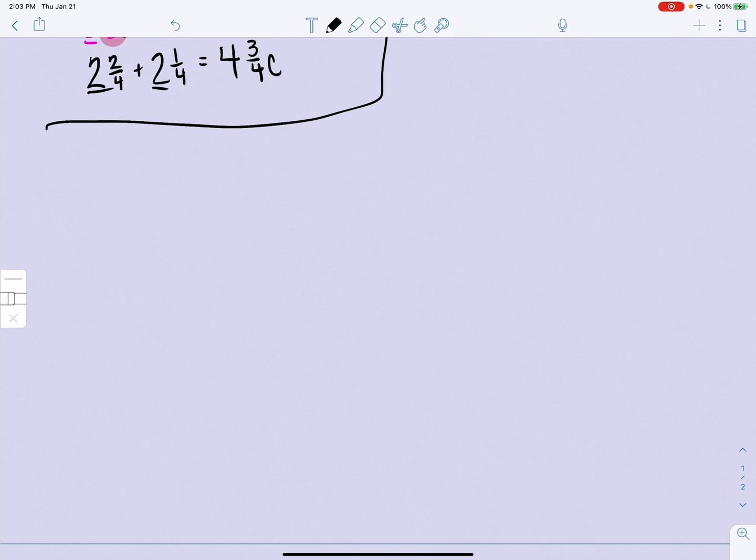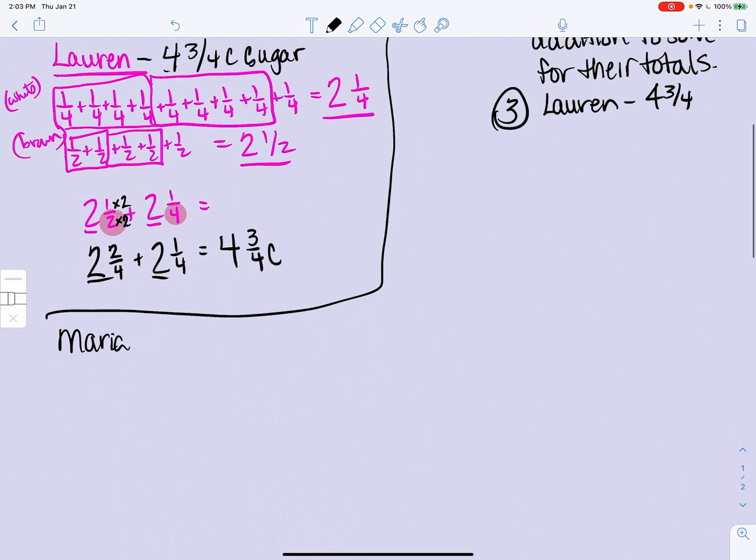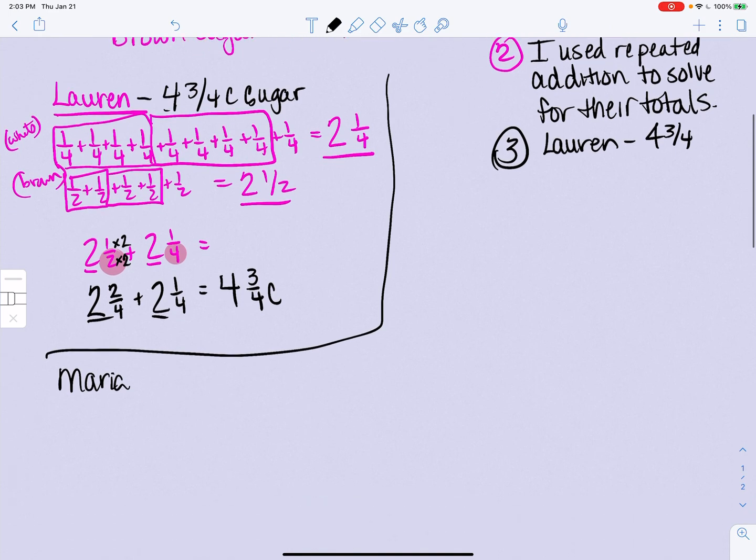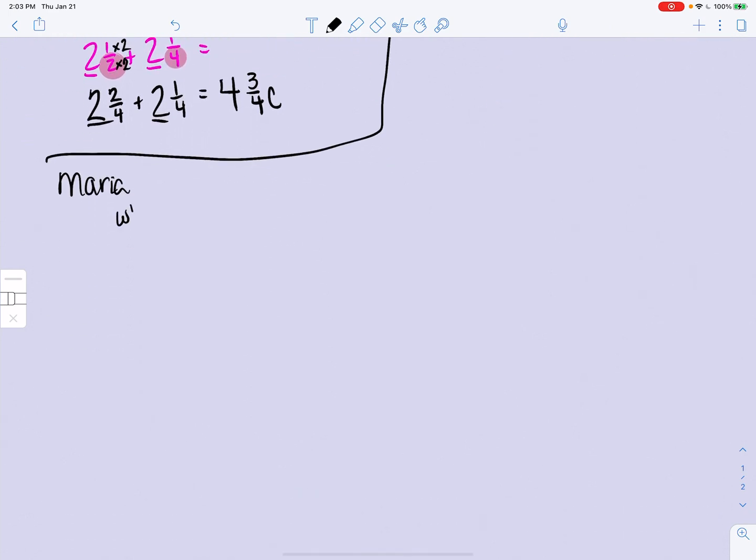Maria, oh, that's my name. Let's see what I got. Maria has 2 packets of white sugar, and white sugar is in 1/4 of a cup. So I get white is 1/4 plus 1/4, and brown, I got 9 packets of brown sugar.